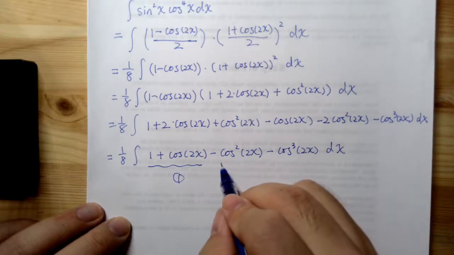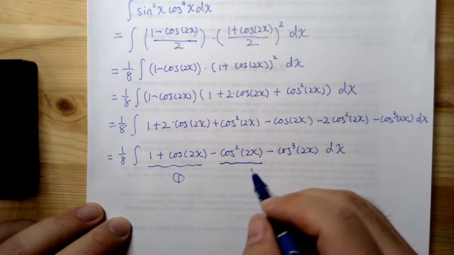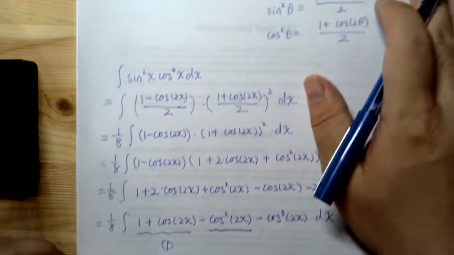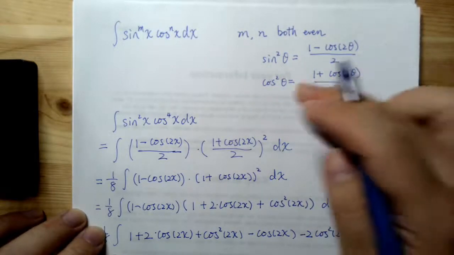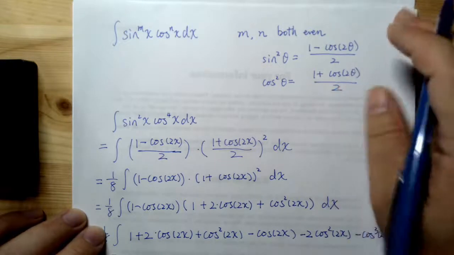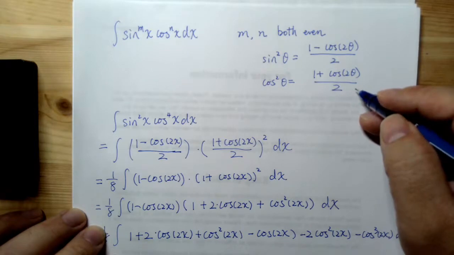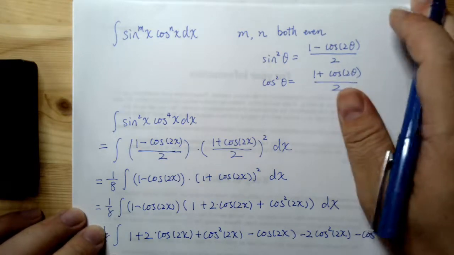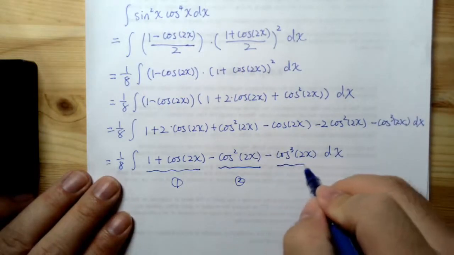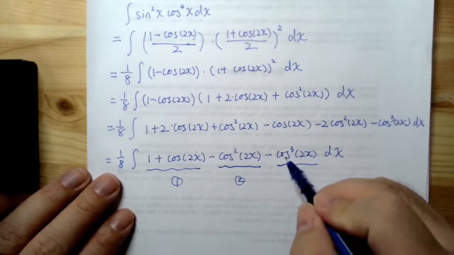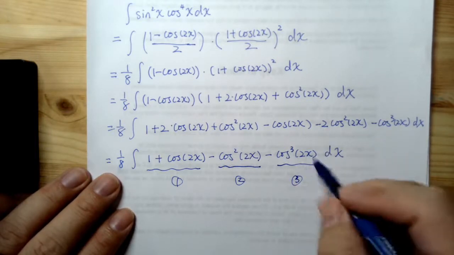The second piece, cosine squared 2x, is also not that challenging, because we can use this formula to make an equivalent substitution, and then we can handle that. So this is part 2, and part 3 is a little bit more involved. You have cosine cubed 2x. We need a little bit of a trick to handle this.